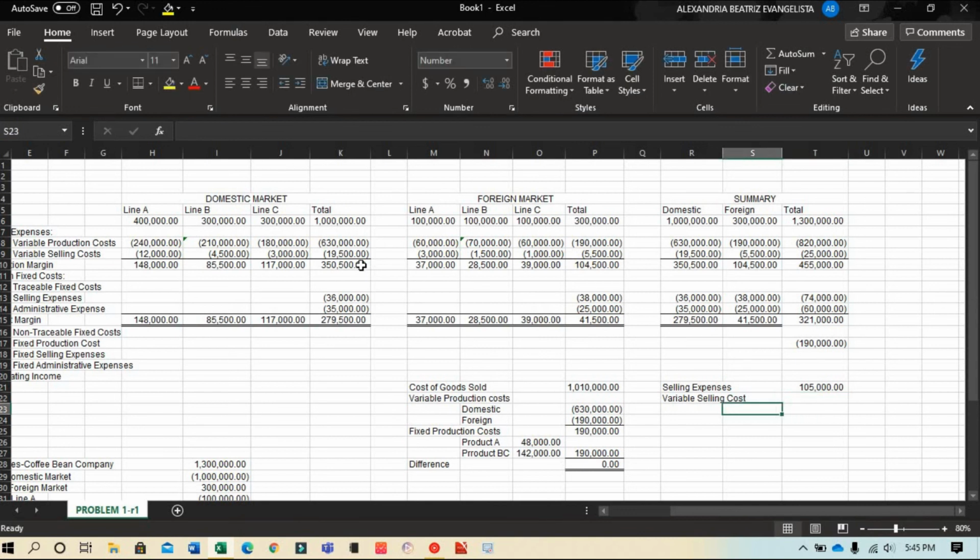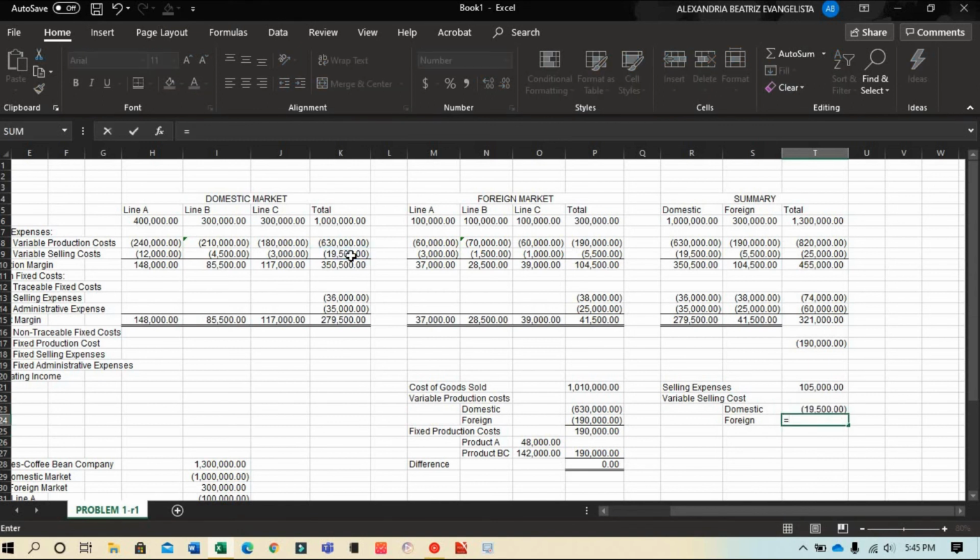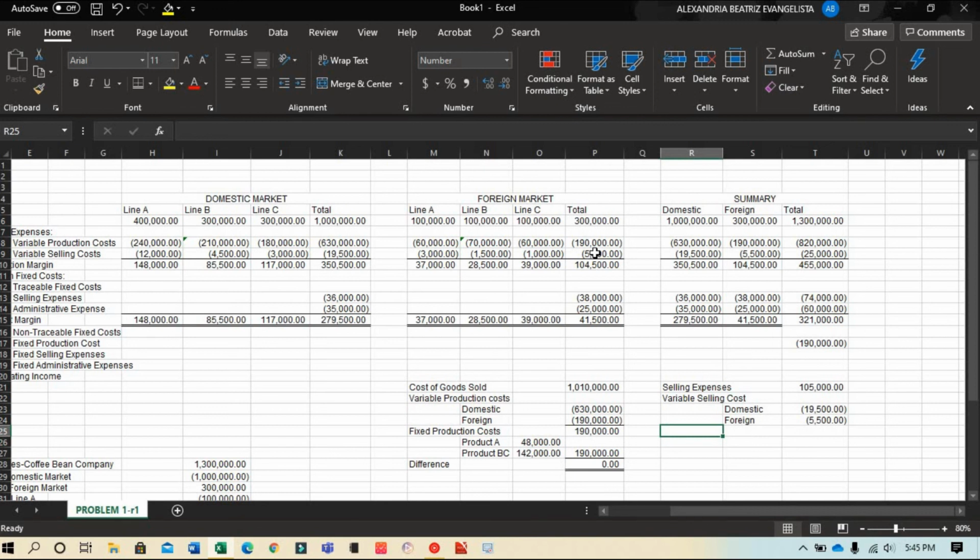Okay, let me break this down furthermore. So under the domestic and under the foreign market. So for domestic, it is 19,500, and for foreign market, it is 5,500. And then we're going to deduct as well the traceable fixed cost or traceable selling cost under the domestic and foreign market.